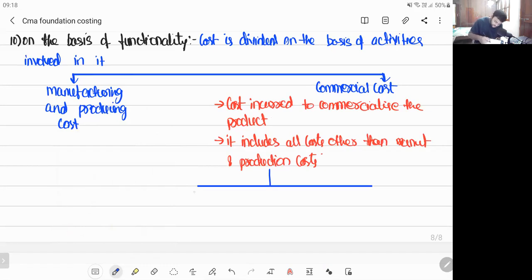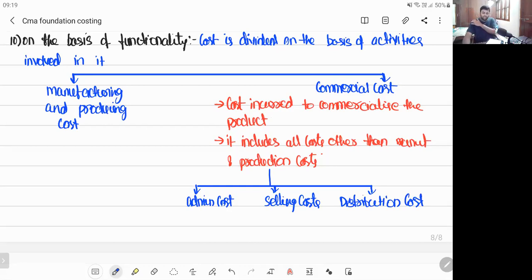We have administration cost, selling costs, and distribution costs. So, what do you mean by commercial cost? All the cost incurred other than manufacturing and production cost is called commercial cost. This is your 10th basis of classification of cost.